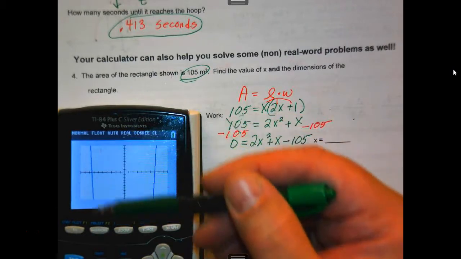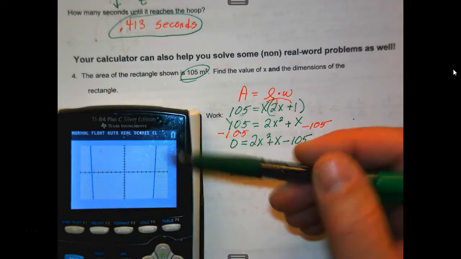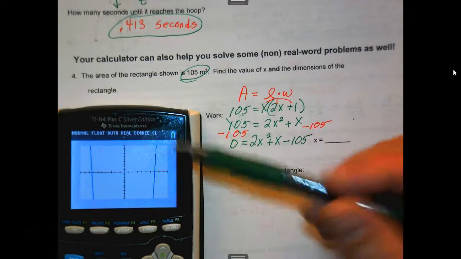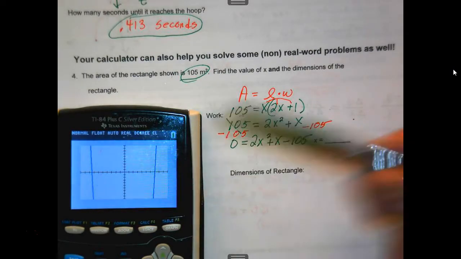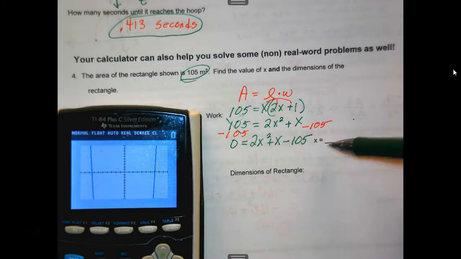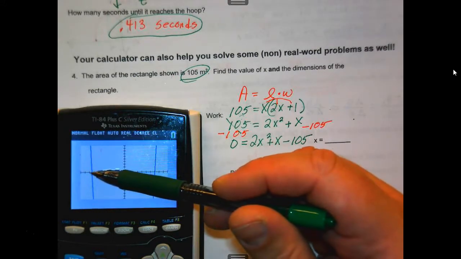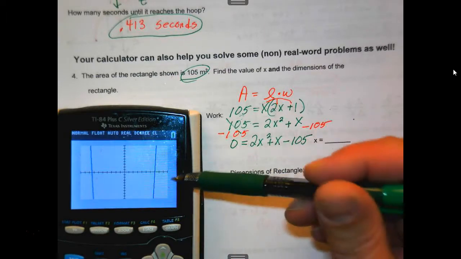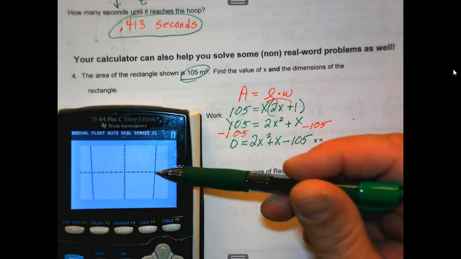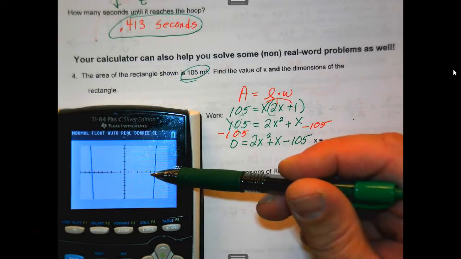So my parabola is off the calculator, but I'm okay with that with this one. I need this intercept because that's going to tell me the positive x value. This is going to be a negative x value. I don't care about that because I'm working with distance. So I need the positive x. So I need to find the 0 or the x-intercept for this.